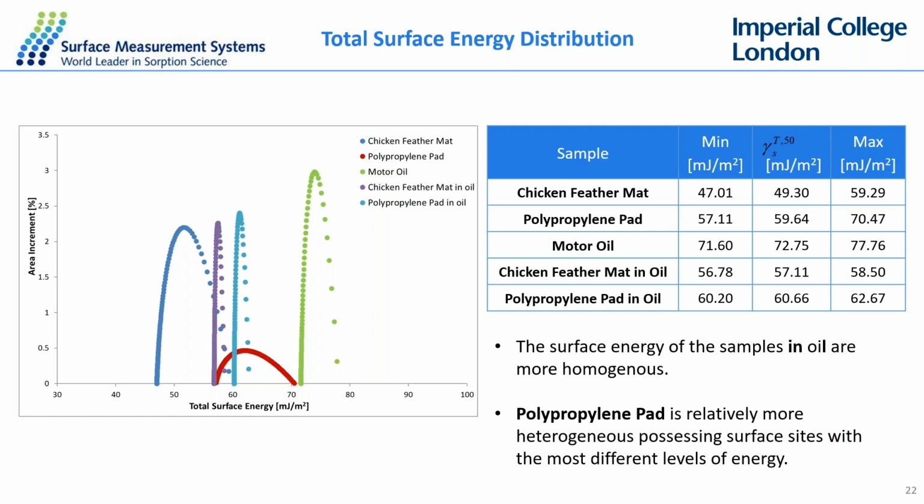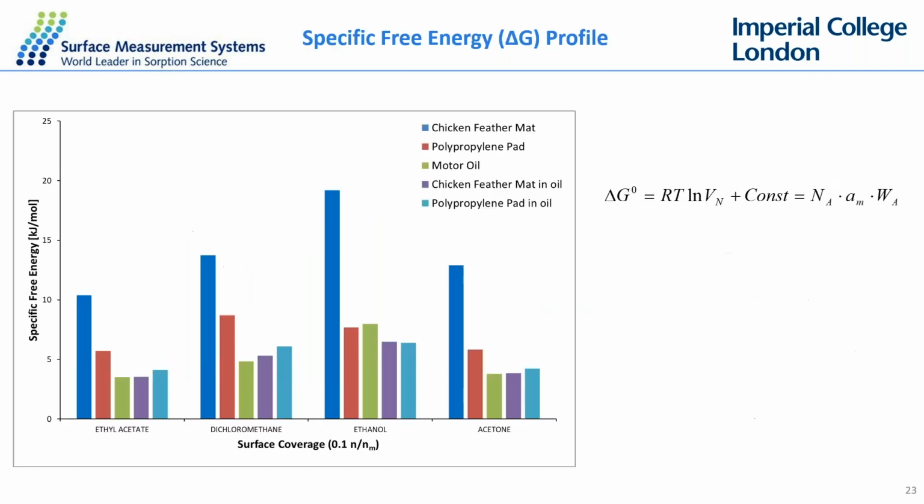For both samples, after mixing with the oil, we see that the surface becomes more uniform, and they have similar energy sites. So that was the effect of mixing with the oil.